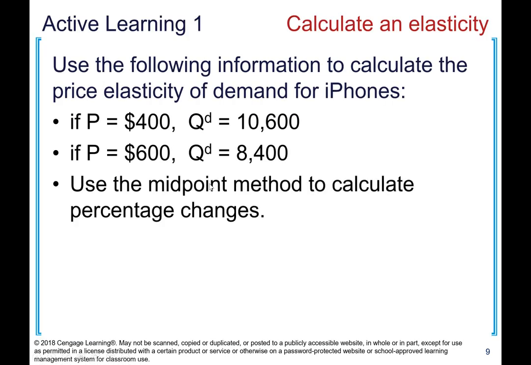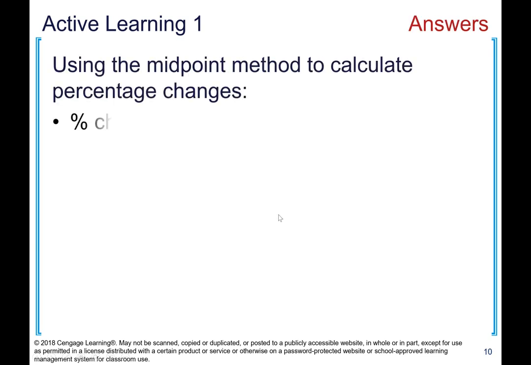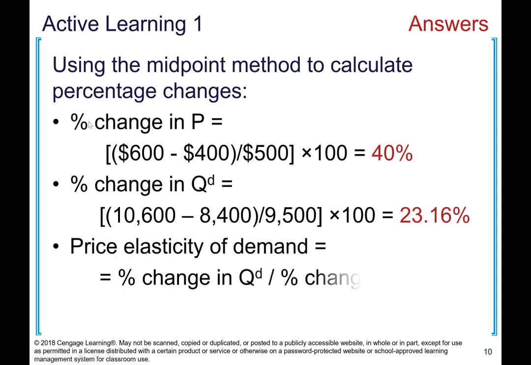Let's look at Active Learning 1. Use the following information to calculate the price elasticity of demand for iPhones. If price $400 corresponds to quantity demanded 10,600 and price $600 corresponds to quantity demanded 8,400, use the midpoint method to calculate percentage change. Percentage change in price, of course, is 600 minus 400, divided by the average of the two prices, times 100, that's 40%.